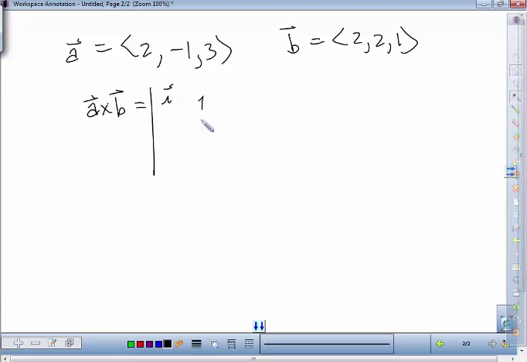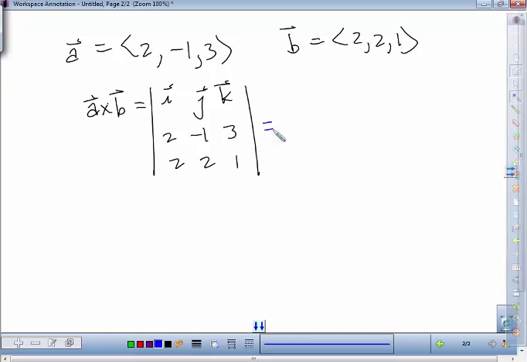All right, so we get this set up. We start off with the I, J, and the K to fill up our top row. We'll take the first vector 2, negative 1, 3 to fill up our middle row, and then 2, 2, 1, our last vector, to fill up our last row.